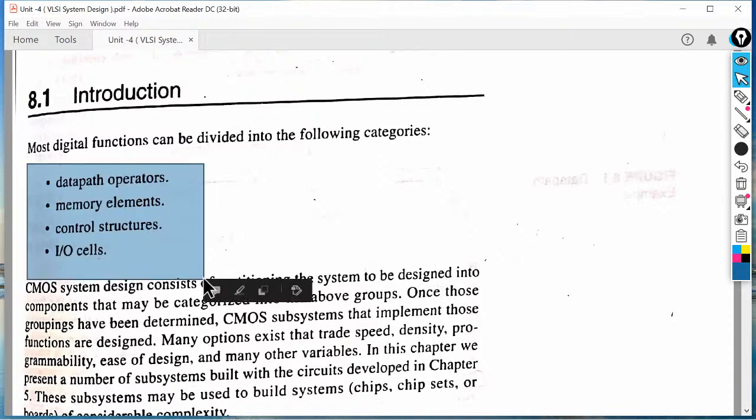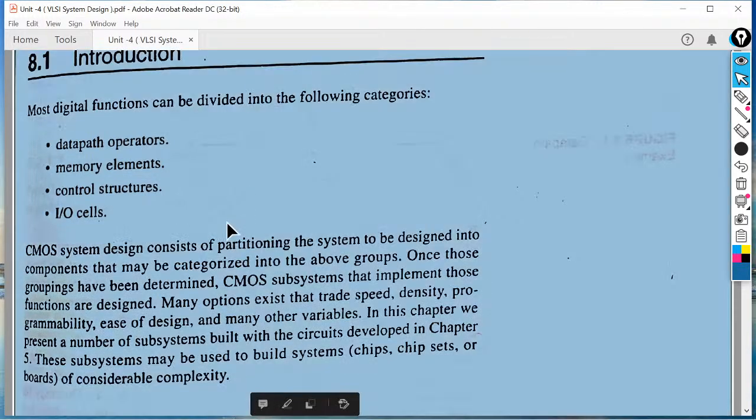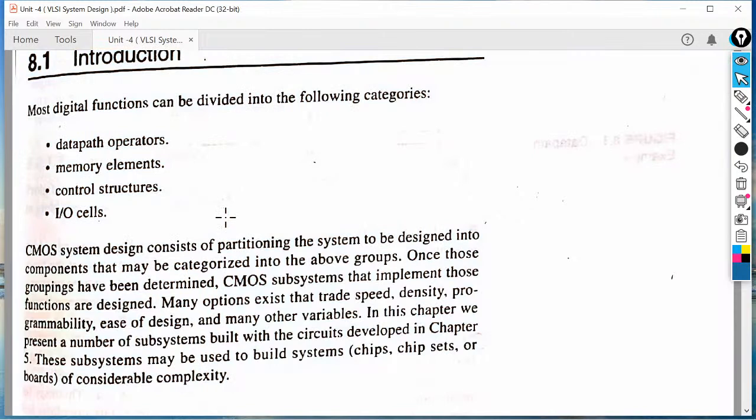Why did we discuss these parts here? Because when any designer wants to design any circuitry, he has to follow some considerations also. He tries to speed up his circuitry.